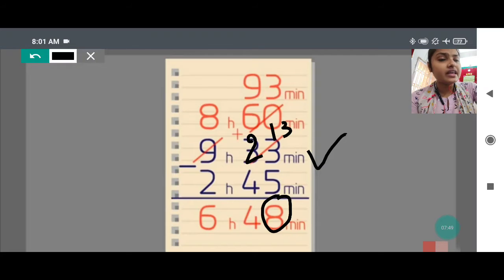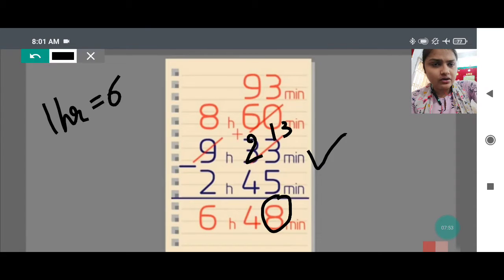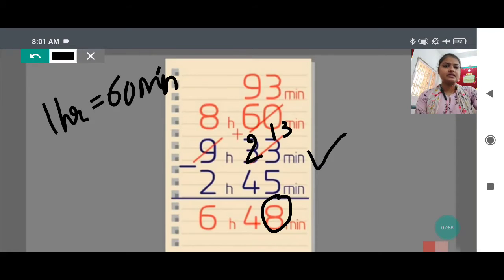So when the hour will give 1, it means we are taking 1 hour, which is equal to 60 minutes. Okay, we are taking 60 minutes. So when we are taking 60 minutes, my dear, then that will get added with this 20 because 2 is at 10th place.